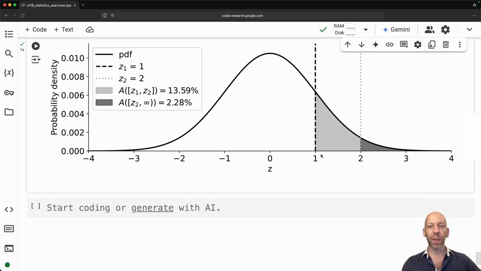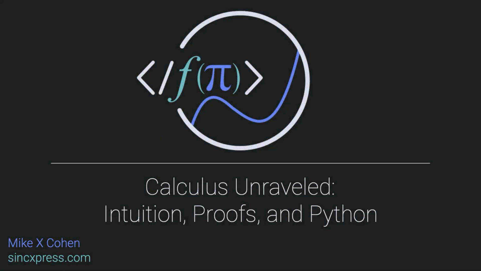So this area accounts for 13% of the total area under the curve. And from 2 to infinity, you can already see it's just a tiny chunk. So the total span on the x-axis is ginormous, but all the values above 3 or 4 are so small. They make such an infinitesimal contribution that the end result ends up being really small.